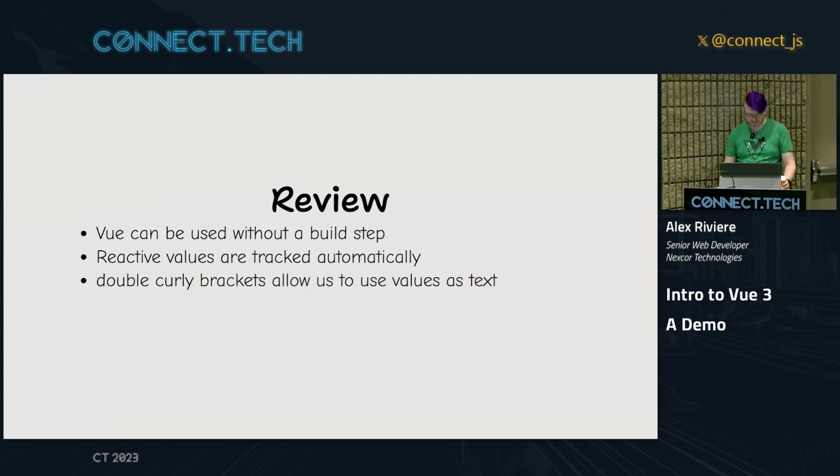All right, cool. Double curly brackets allow us to use values as text. These will be put in as text. If you get some HTML from somewhere else, like if you're pulling HTML from an API or something like that, and you try to just put it in the middle, it's not going to work. For that type of thing, you'll want to make a surrounding element and then use the v-html directive.